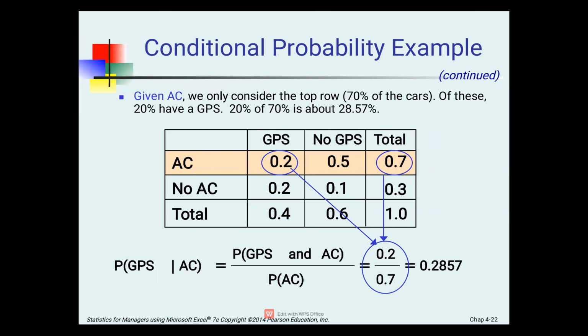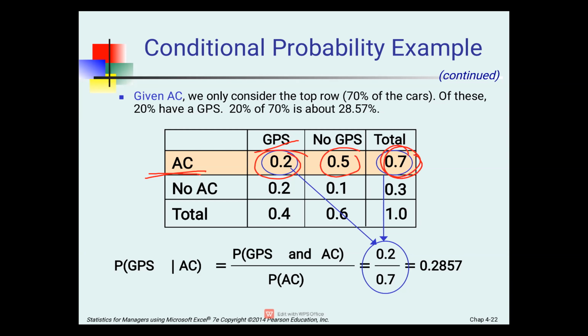There's a probability of a person having AC, air condition, and GPS, which is 20%. And the probability of having air condition and not having GPS is 0.50. The total number of people who have air condition is 70%, that is what we were told.